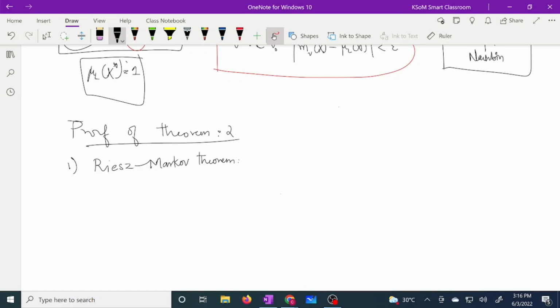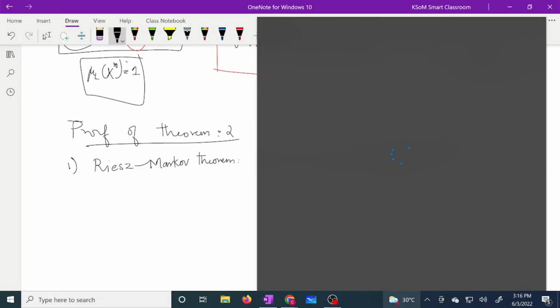Okay, so if X is a locally compact Hausdorff space, all those things, whatever we want, then you have C_c of X. Let I be a positive linear functional.